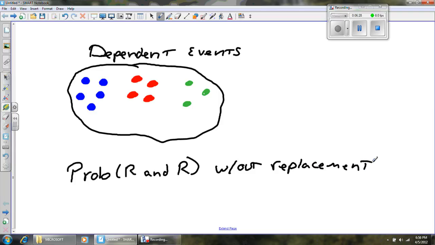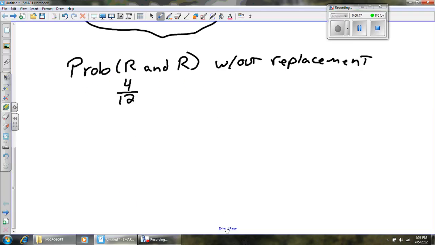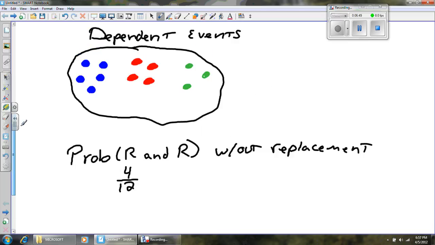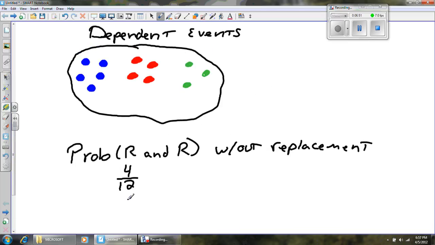Without replacement makes it dependent because drawing out the first red affects the outcome of the second red. Let's get the probability of getting the first red. It looks like there are 4 reds in the bag, so 4 ways to have success, and there's 12 total jelly beans. So 4 twelfths would simplify down to 1/3.